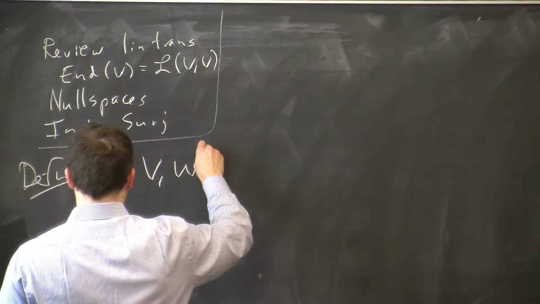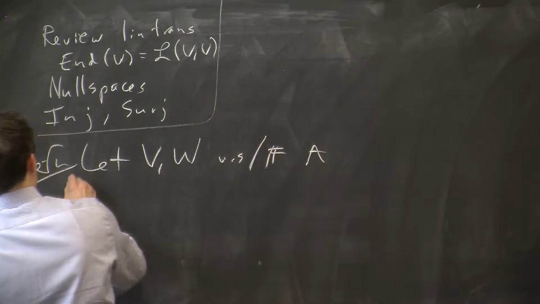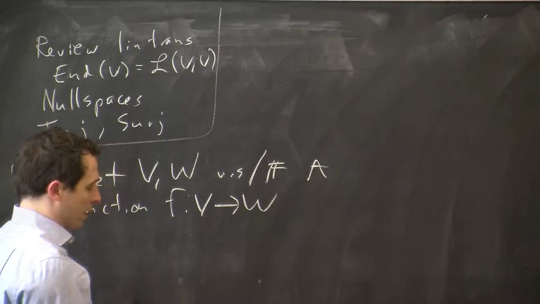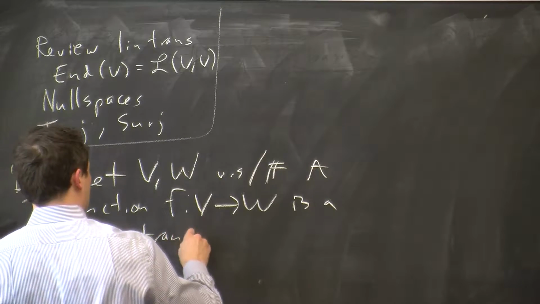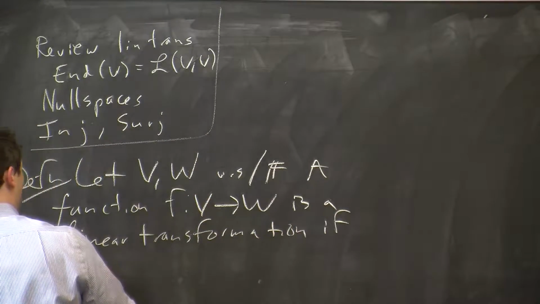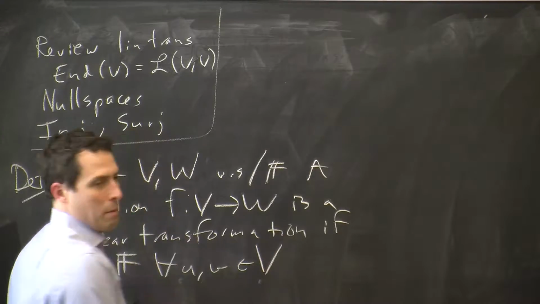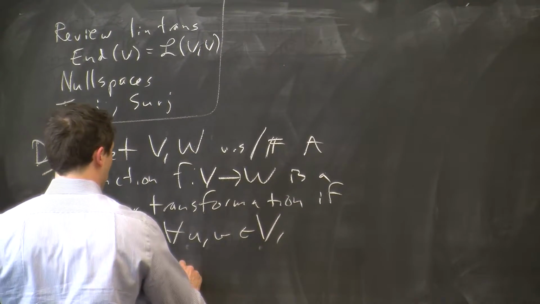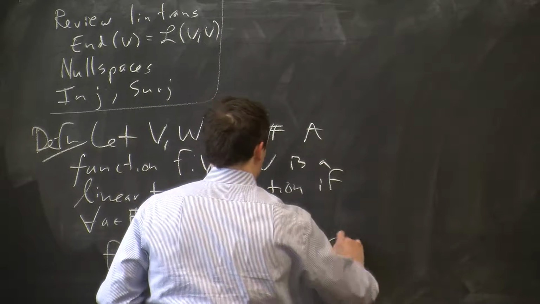Suppose V and W are vector spaces over a field F. A function of sets from V to W is called a linear transformation if for all a in the field and for all pairs of vectors in the domain, and let's just do this version, f of au plus v equals a f of u plus f of v.